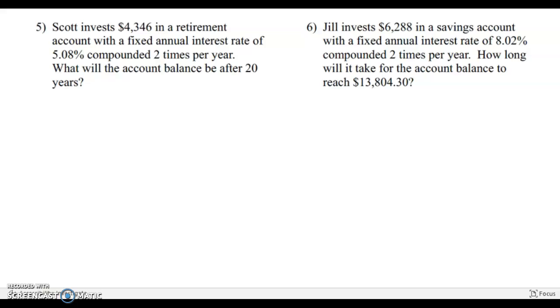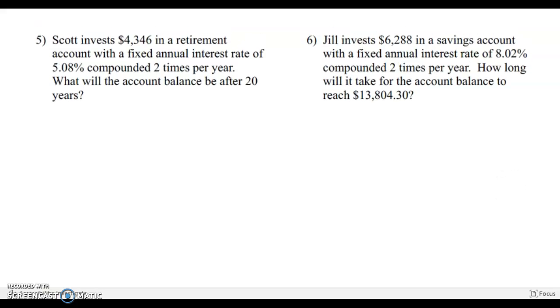We might jump around a little bit. Let's do number 5. Scott invests $4,346. This is his original amount in a retirement account with a fixed annual interest rate of 5.08. That's the interest rate, compounded 2 times a year. That's n. n is 2. What will the account balance be after 20 years? 20 years is t.